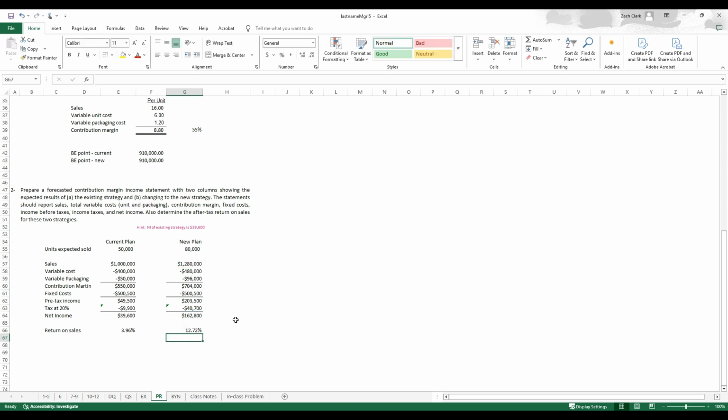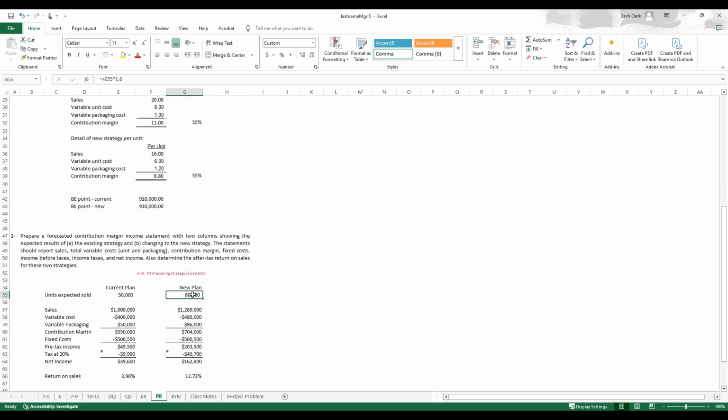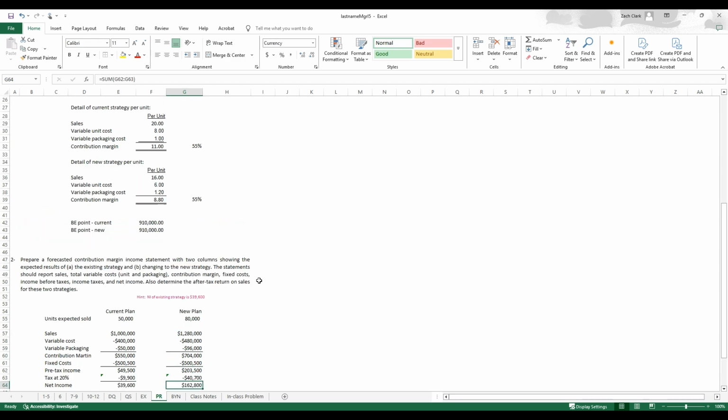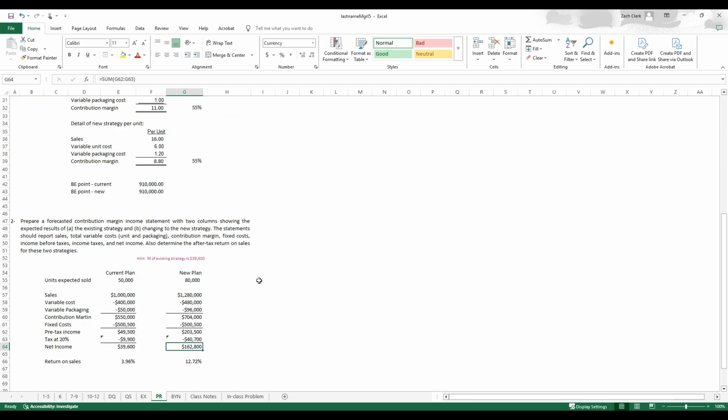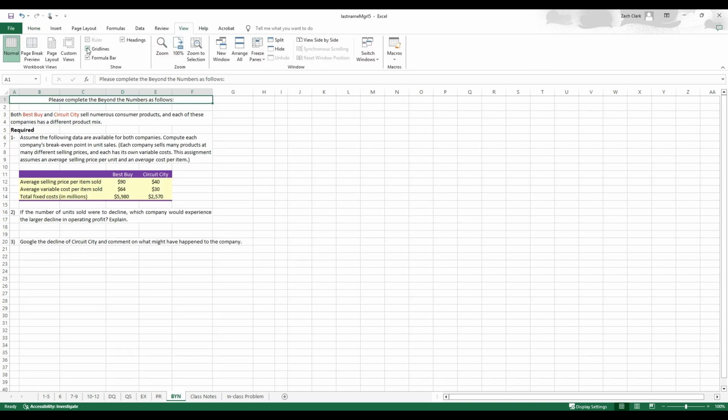So that really goes to show the amount of increase in profit that you can realize with some possibly minor tweaks to really drive up the sales. And the more volume you can get, if you're able to keep the costs in a relatively stable position, you can really see how much that's going to increase your return on sales overall and your net income, etc. So pretty cool. All right, let's move on to our next tab here.